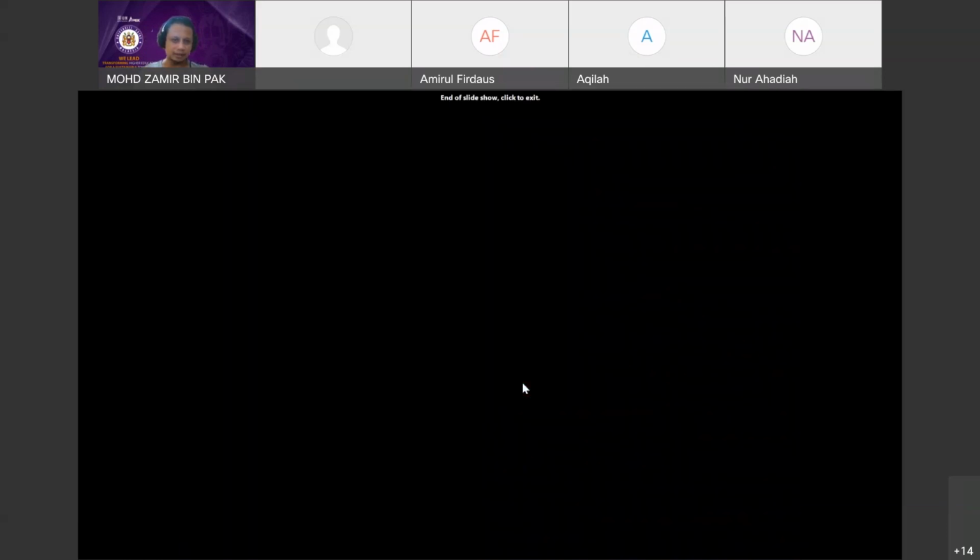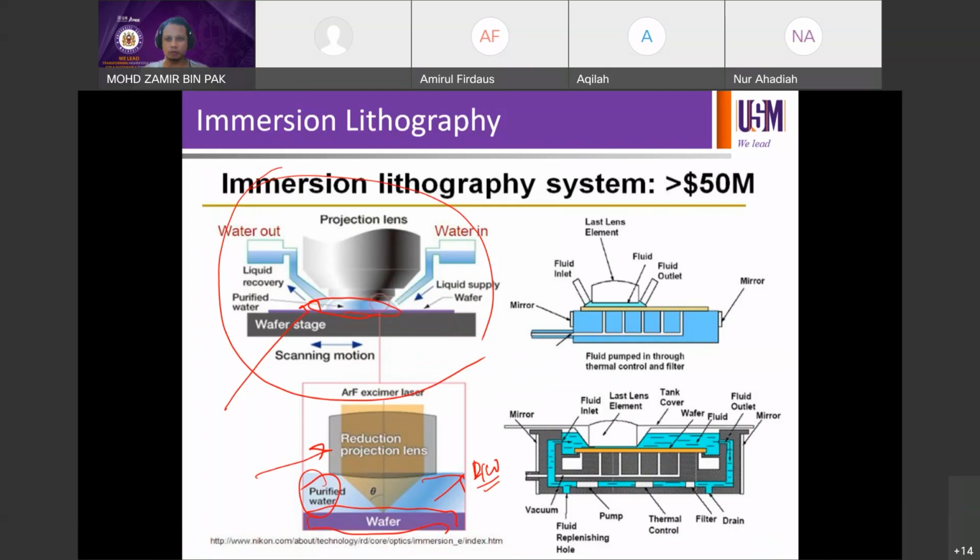Yes, done. So we're done with lithography. Today is Friday, right? So I'll see you next week, Monday, 1 to 2 p.m., to continue with etching. Any questions so far?